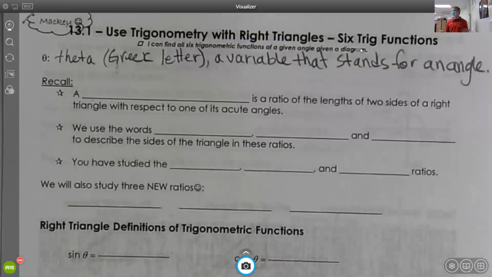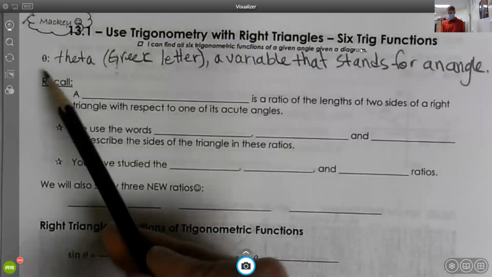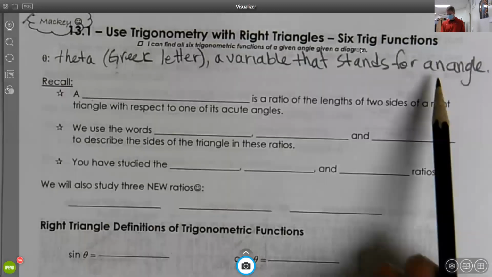As you move on to higher level maths, you'll see that a lot. When you get a formula, if it has the theta symbol, you're very confident that that's going to be an angle value that goes into that, rather than using x or a variable a. We use theta because that's specifically for an angle value.